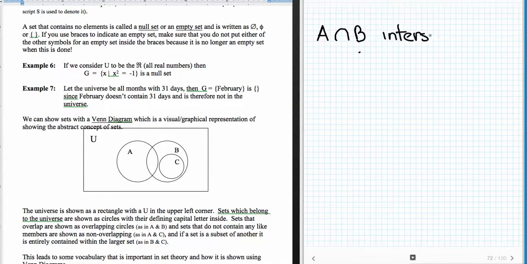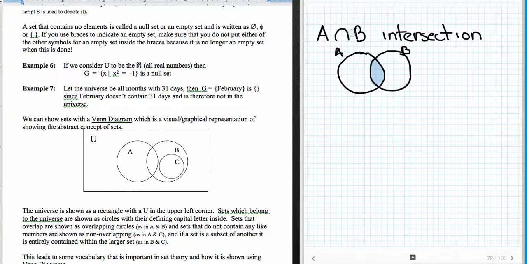And intersection means the overlap, what things belong to both sets at the same time. So in terms of a Venn diagram, if these are my sets A and B here, then the overlap of these two sets is this little bit right in here. So that is what we mean by the intersection of those two.